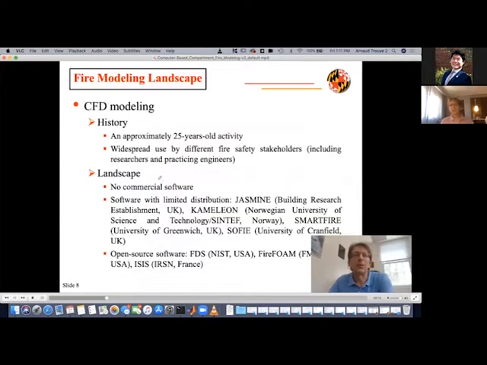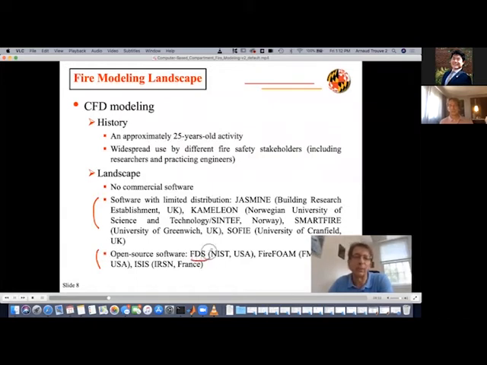So this level of description, this CFD modeling approach for fire models, is about 20 to 25 years old. It corresponded to the development of models in Europe in the 1990s, followed by the development of models primarily in the US more recently.